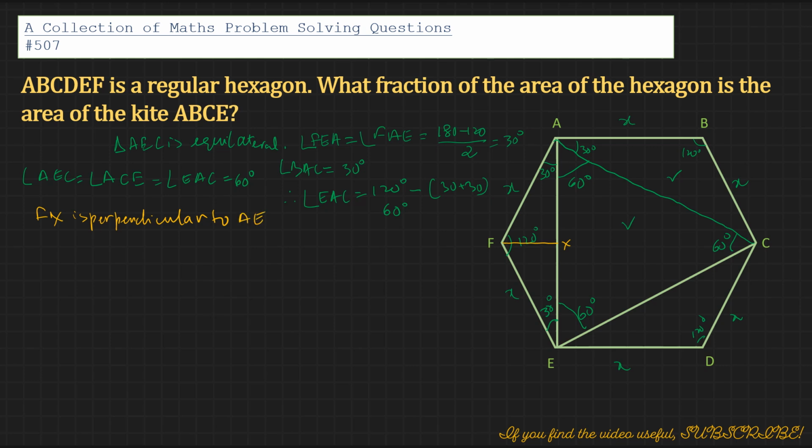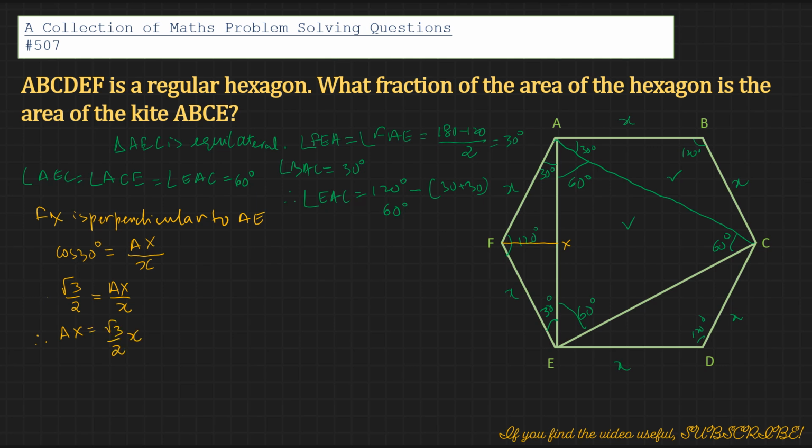Then I can say that cos 30 degrees equals AX divided by the hypotenuse, that is x. So cos 30 degrees we know is √3 out of 2, and that equals AX out of x. So therefore AX equals √3 out of 2 x.